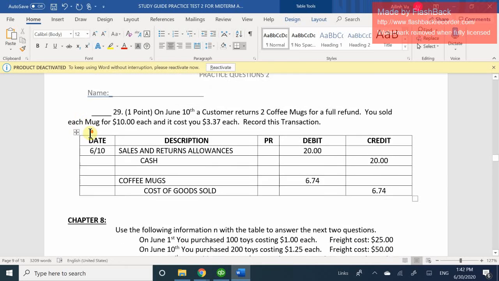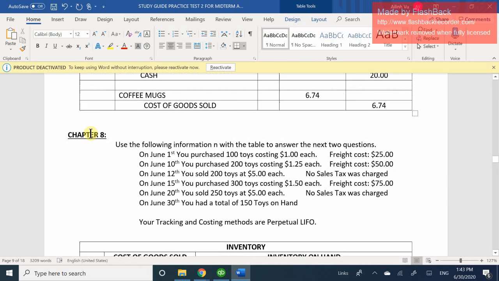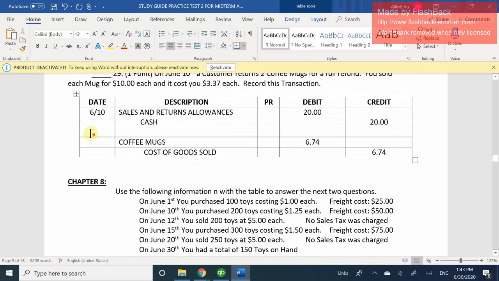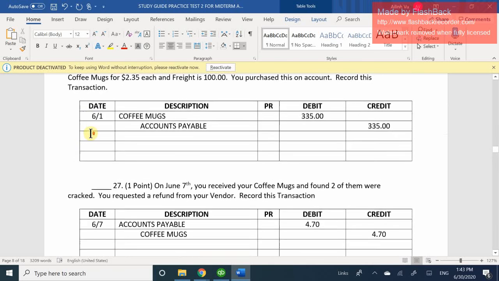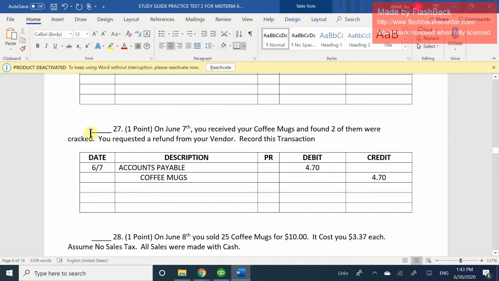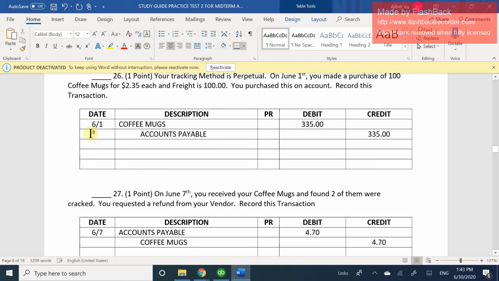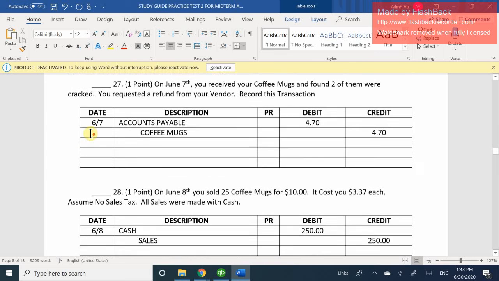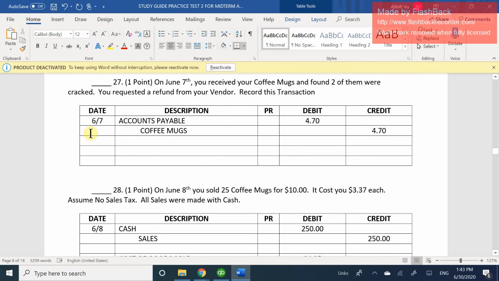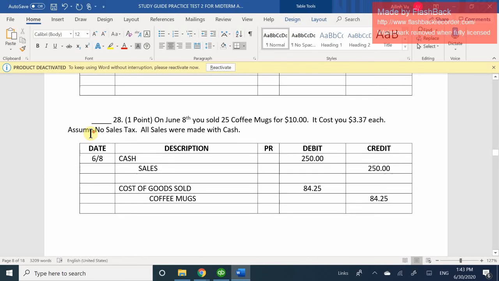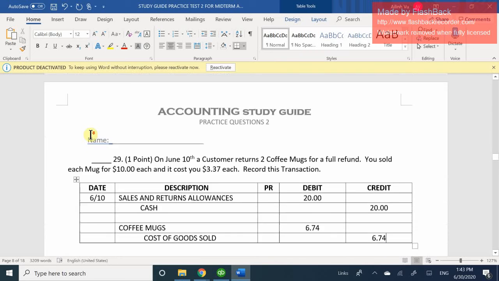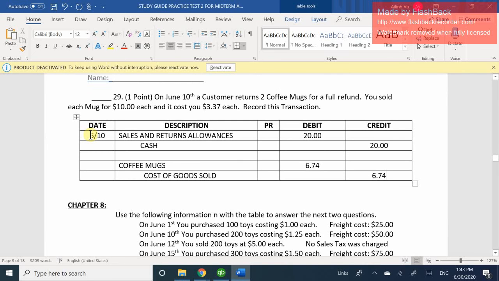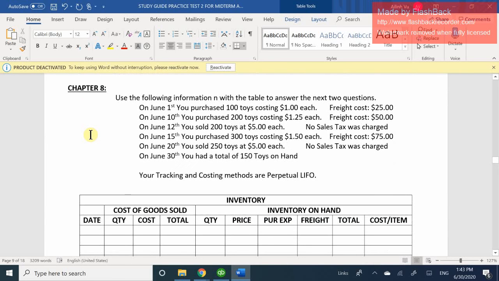Good. All right. So that was chapter 7. Chapter 7 was to record your periodic purchases, which we did. It also had to deal with any returns to vendors. We also looked at sales and how to return sales for customers. Okay, good.